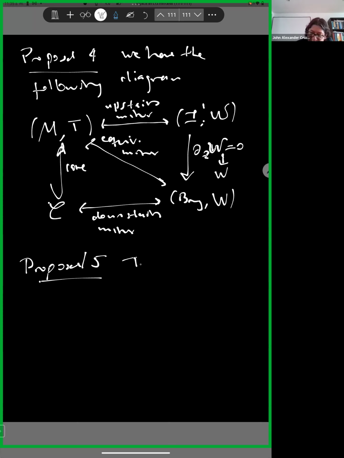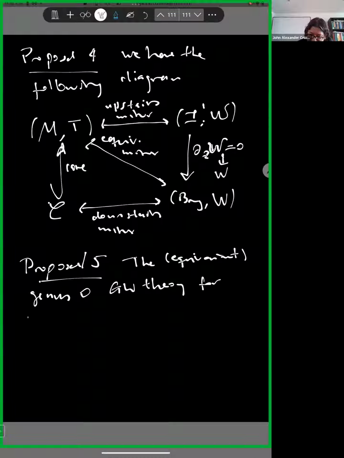So the final proposal is the equivariant genus zero Gromov-Witten theory for Hitchin systems of class S, meaning those that came from these physical theories.